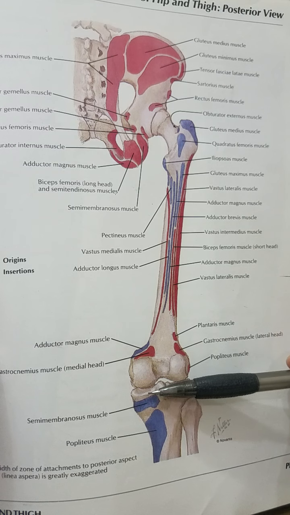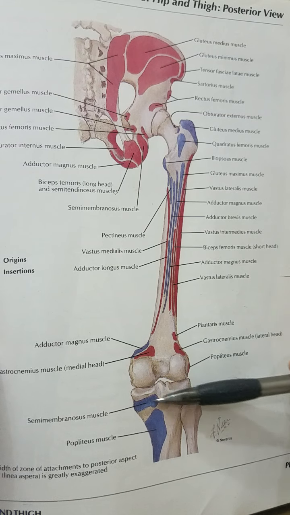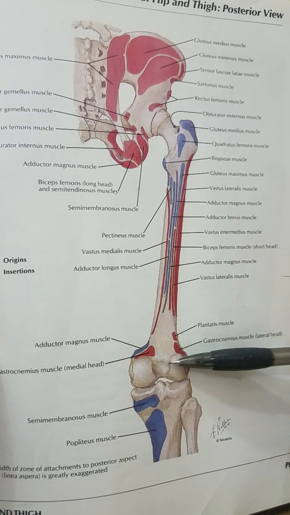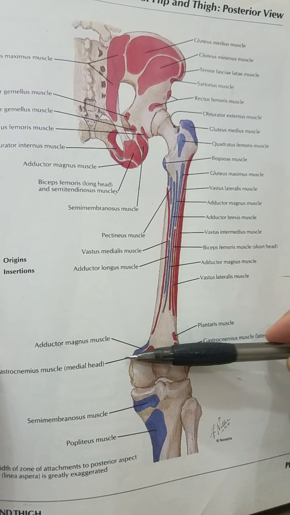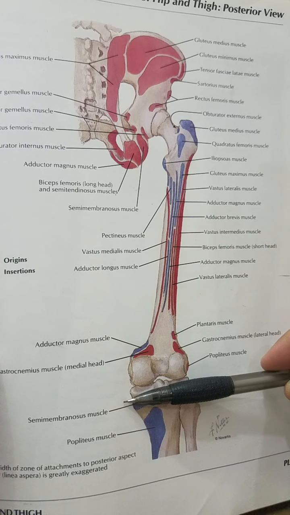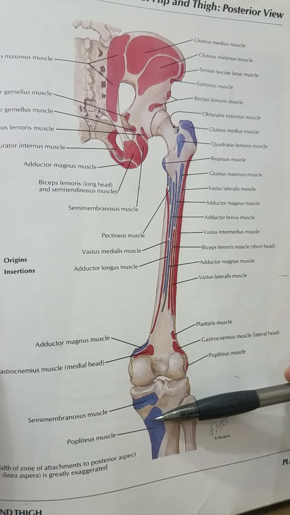The posterior aspect of the joint capsule of the knee joint would then form the central part of the floor. So the floor extends from here to here. The upper part is formed by the popliteal surface of the femur, then the posterior aspect of the capsule of the knee joint forms the central part of the floor, and then the inferior part would be formed by the fascia which covers the popliteus muscle.